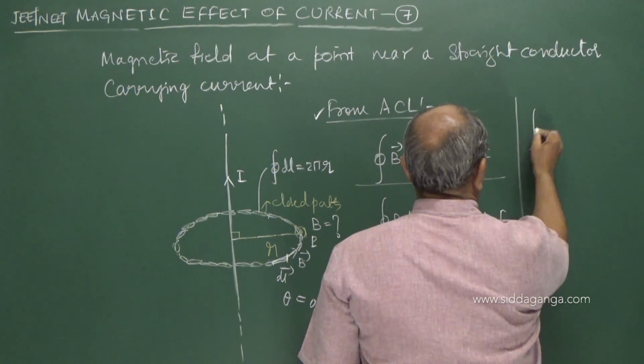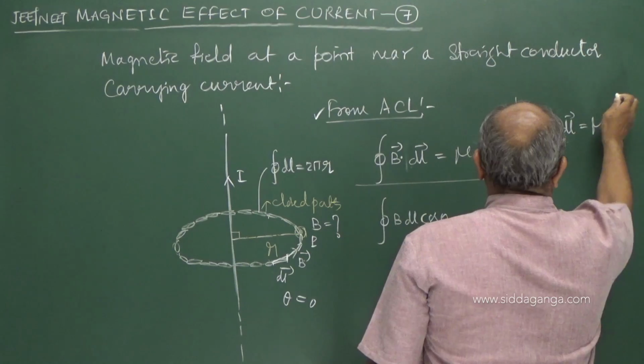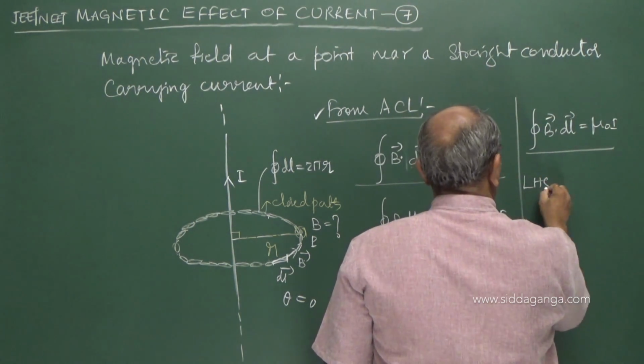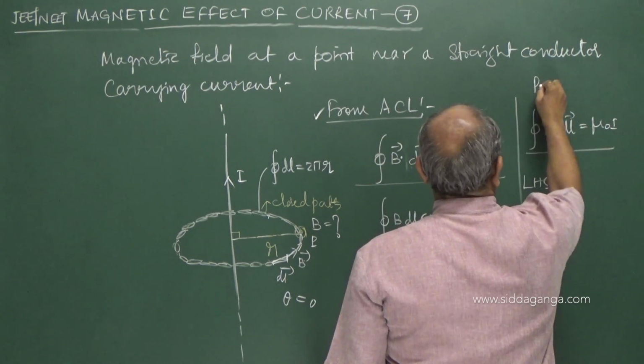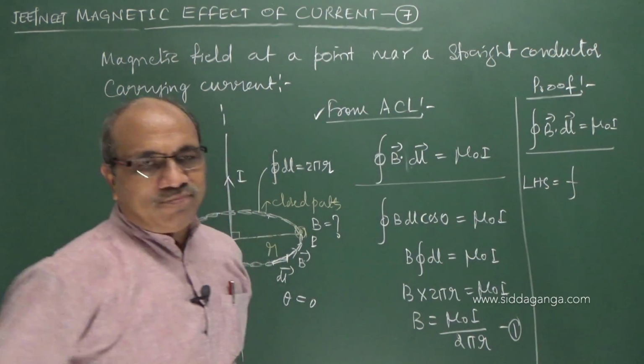You have the line integral of B dl equal to mu naught I. I take the left hand side only. It is for the proof, verification of the ACL.